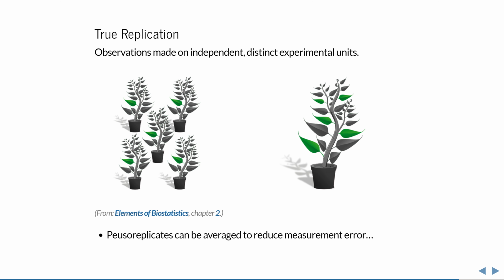Some studies purposefully incorporate pseudo-replication. After all, if you measure multiple leaves per plant, you can average the results per plant and you will have a lower measurement error. But pseudo-replication does not count towards your required sample size, nor does it increase the power of your study. So always make sure that your experimental design will yield you enough independent samples.